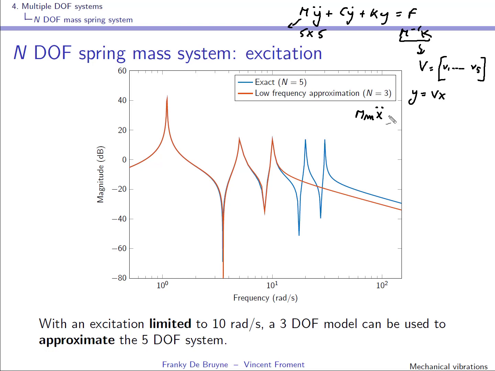x double dot plus cm x dot plus km x is equal to F, and these are decoupled.